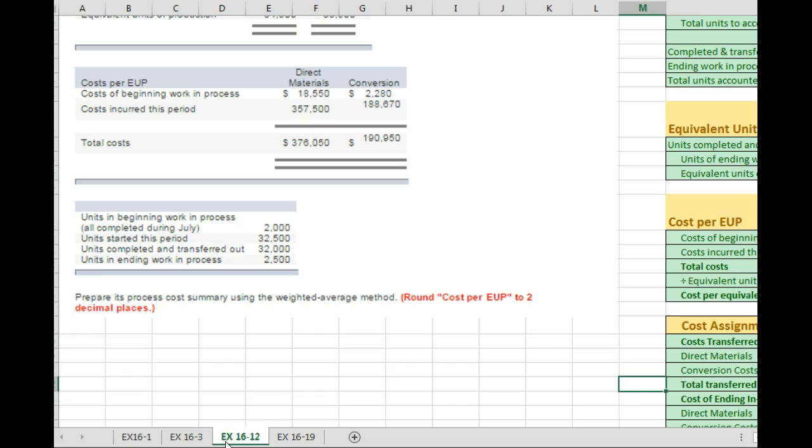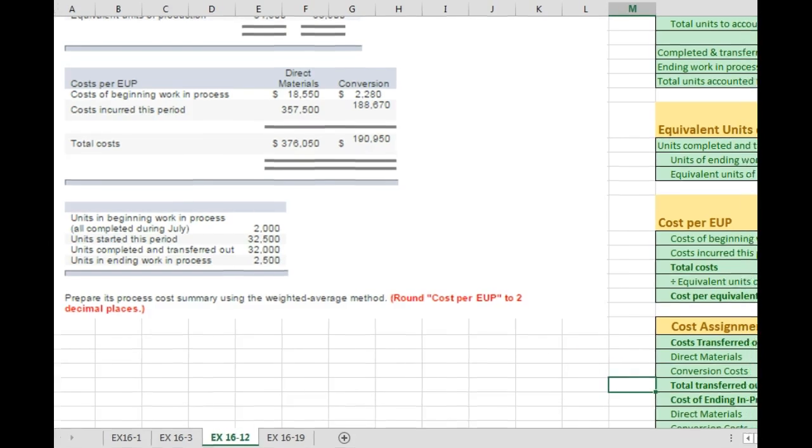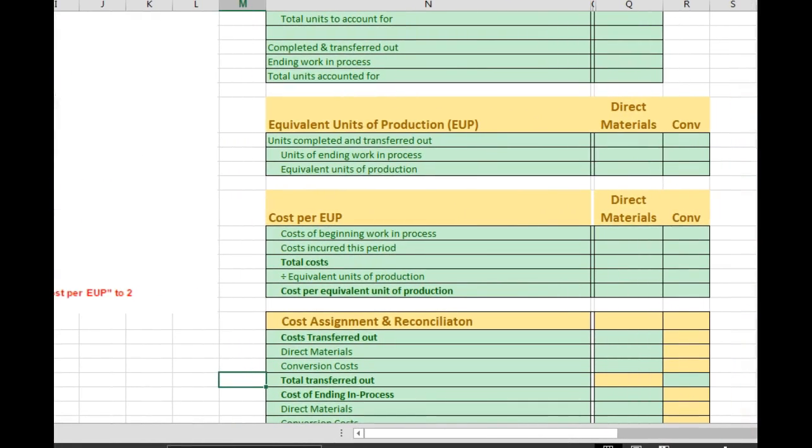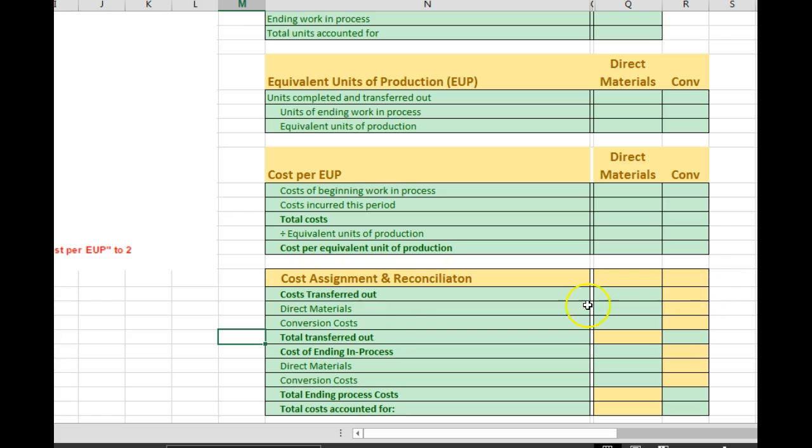This is the one I was telling you about when the internet went out. And this one, let's move over here just a second so you can see what I'm talking about. On your Excel sheet, it will not have this cost assignment and reconciliation if you pulled it down before this morning.